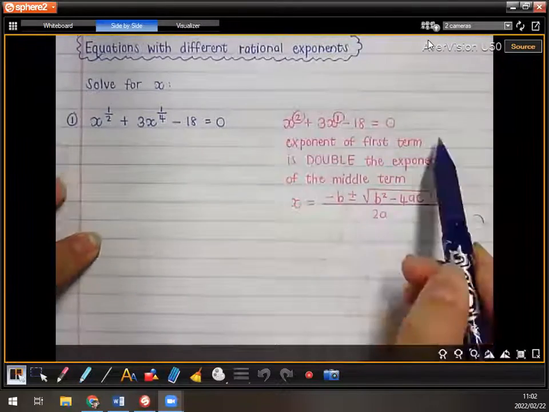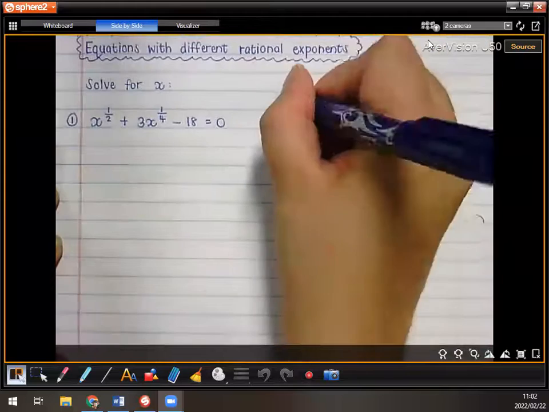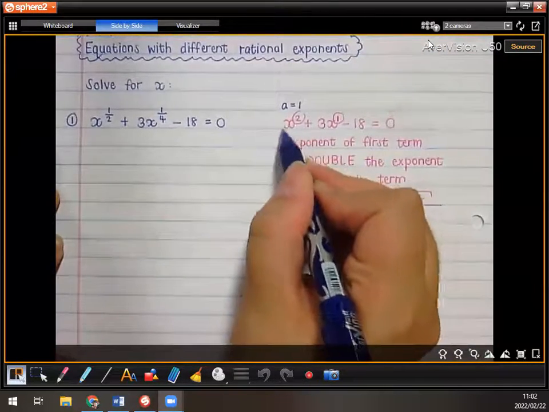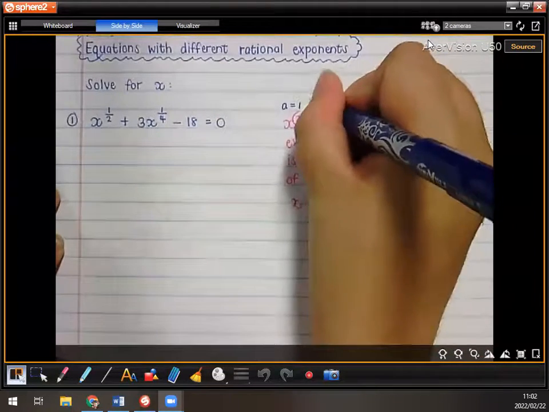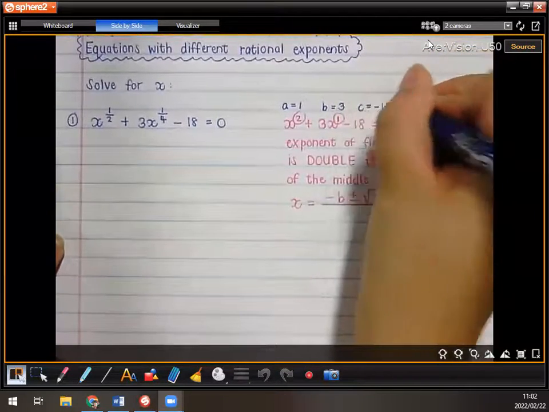If we're looking at this equation, what is my a value? 1. Remember, a is the number in front of the first one, right? The coefficient of the first one. What's my b value? 3. And my c value is negative 18.